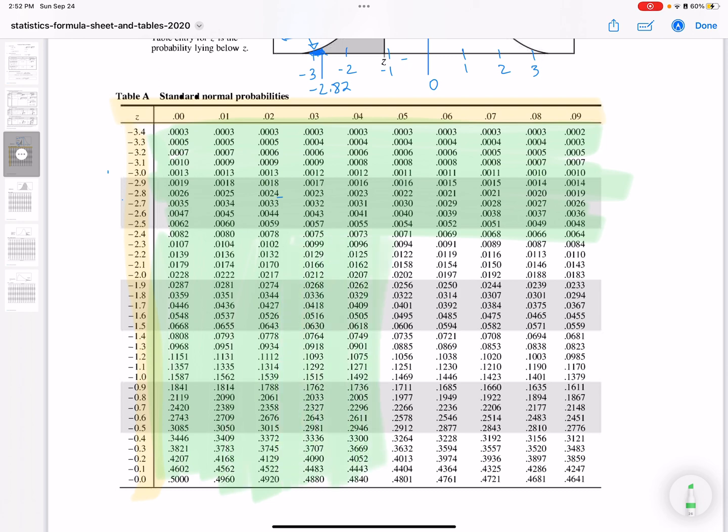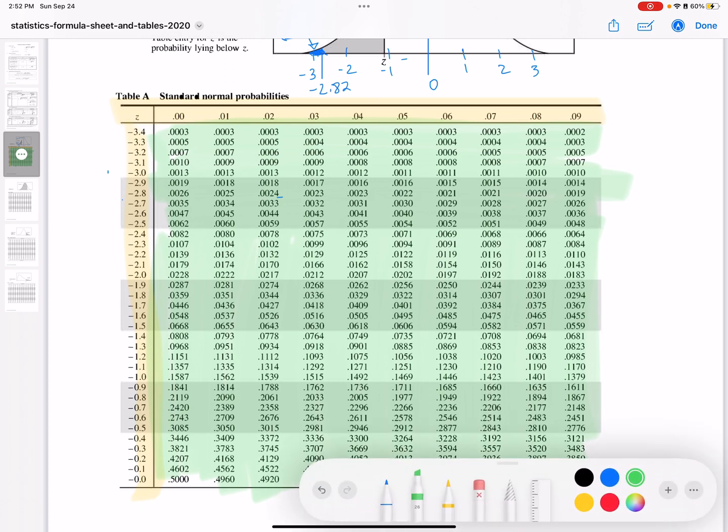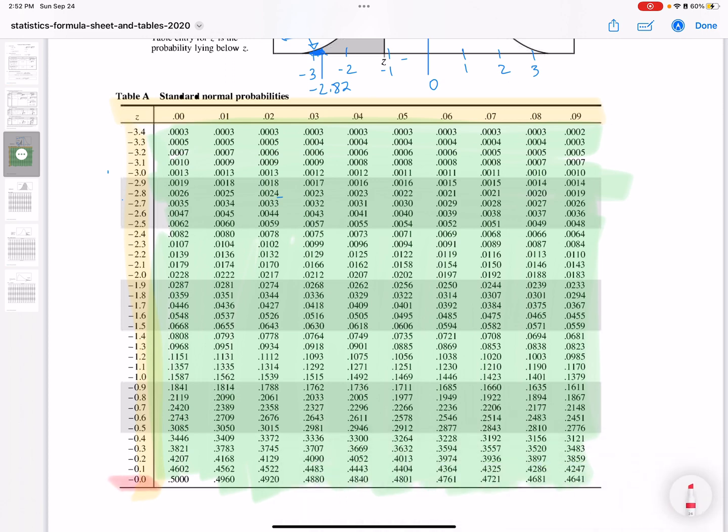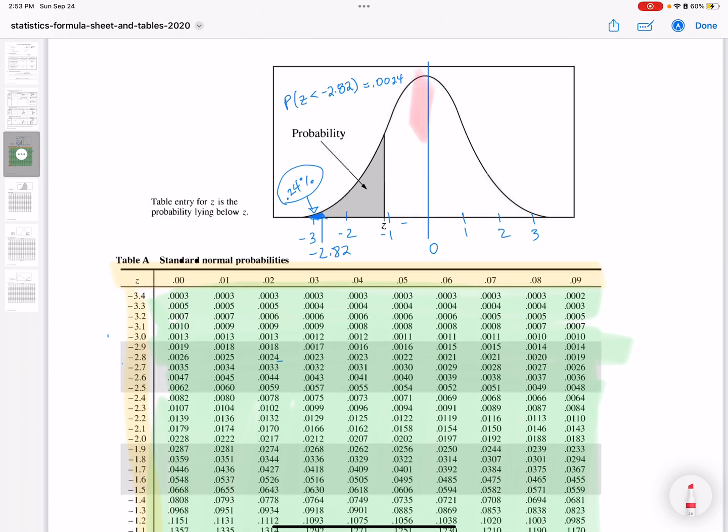Now remember, these are the negative z-scores, but there's also positive ones, but we'll just stay on the negative side for now. The biggest number on the negative side is 0. And look at the z-score for 0, 50%. That literally means 50% of this graph would be shaded.